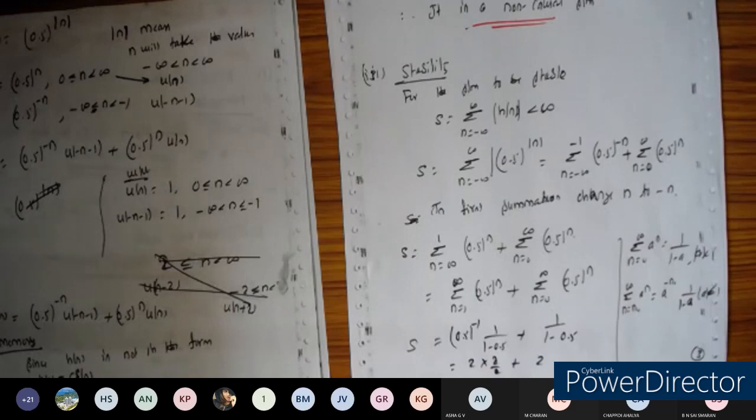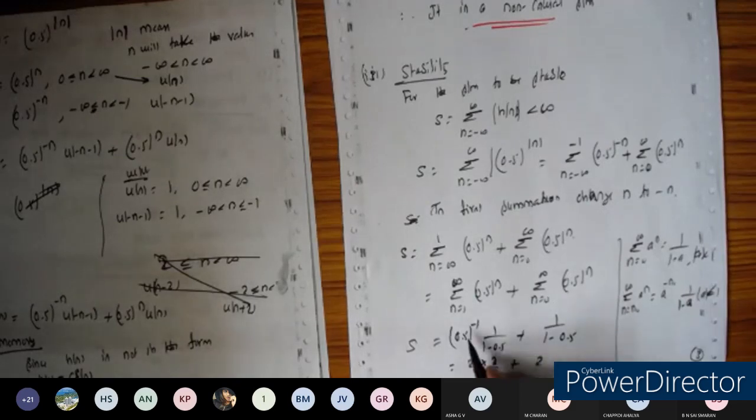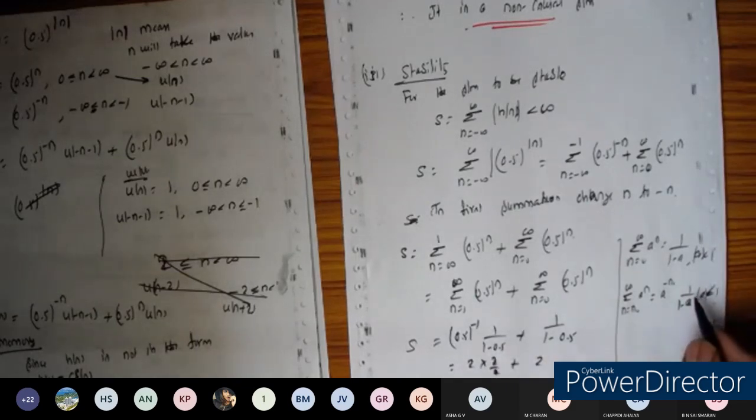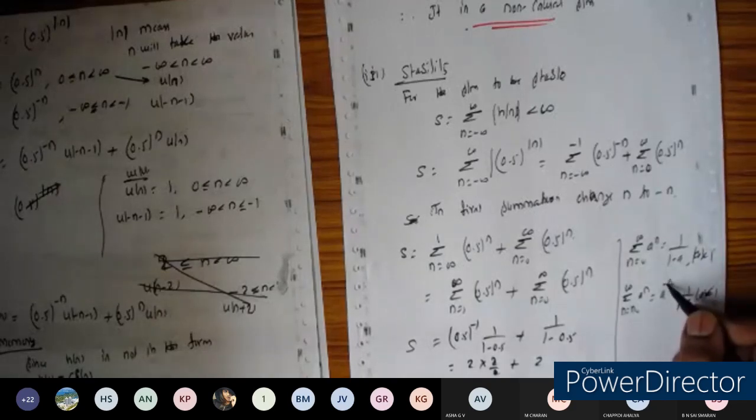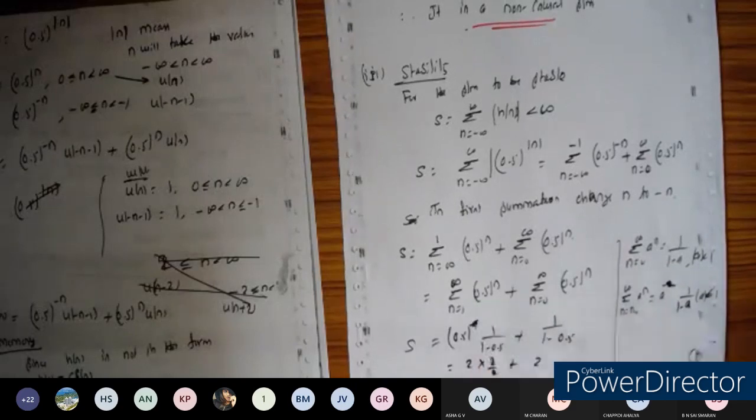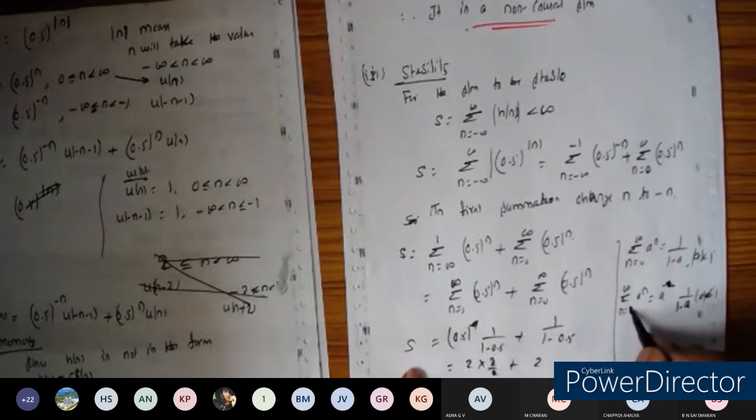Is it correct? Is this formula correct? Check the formula once here. I think it should be A, I guess. So it is A divided by 1 minus A for n equal to 1 to infinity.